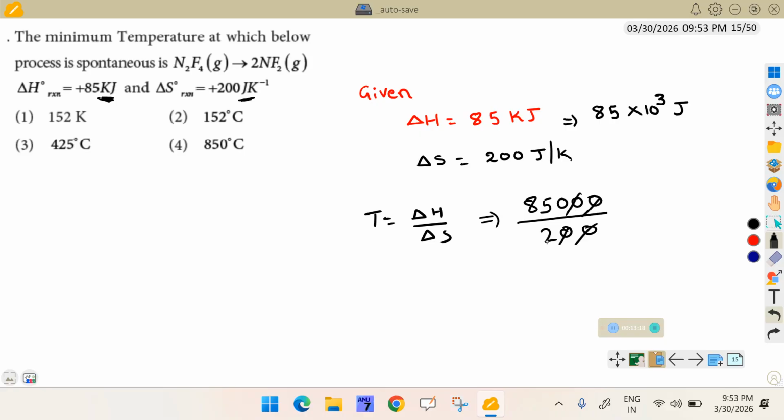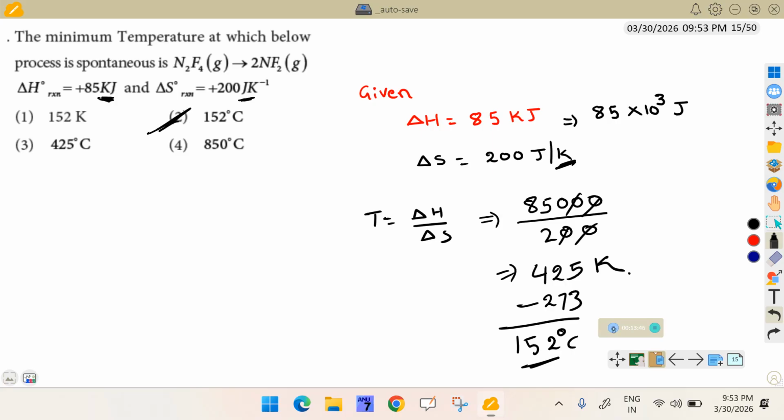The zeros cancel. 850 divided by 2 gives 425 kelvin. But here temperature is asked in degrees Celsius. Now 425 minus 273 gives 152 degrees Celsius. The correct answer is the second option.